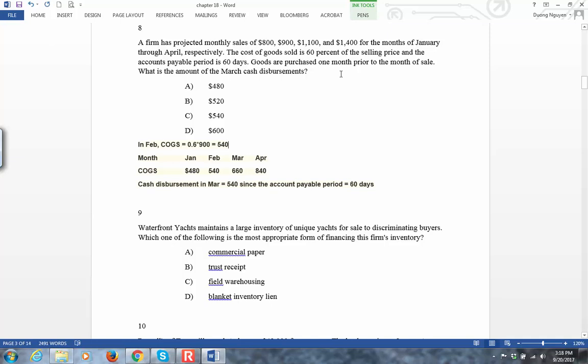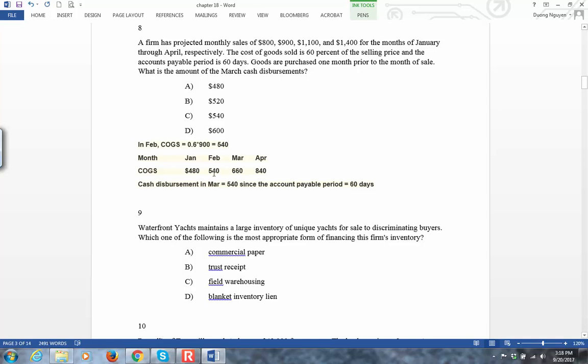So if the account payable is 60 days, this company has to pay the cost of goods sold from February in March, because from the beginning of February to the end of March, you have 2 months, which is 60 days.